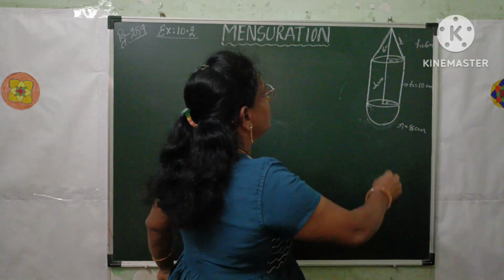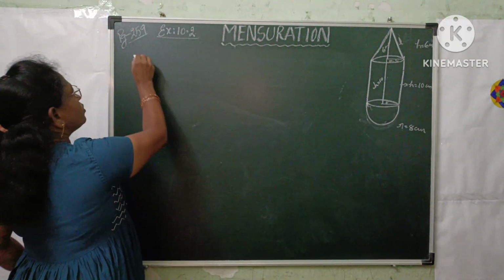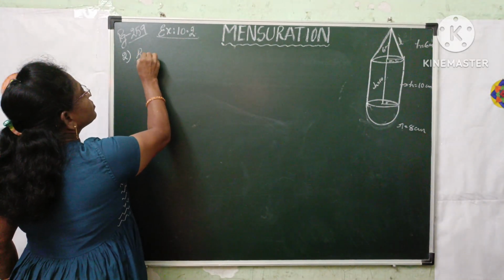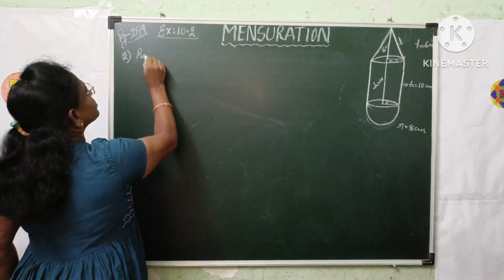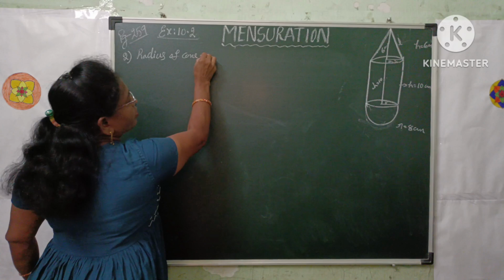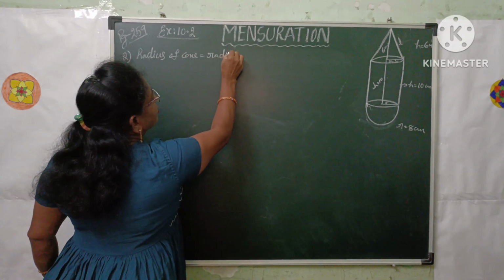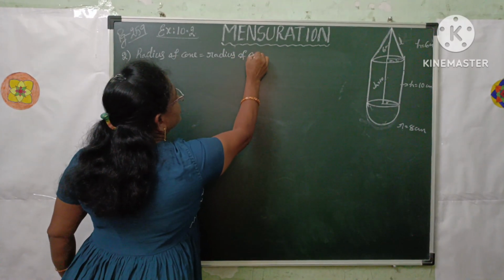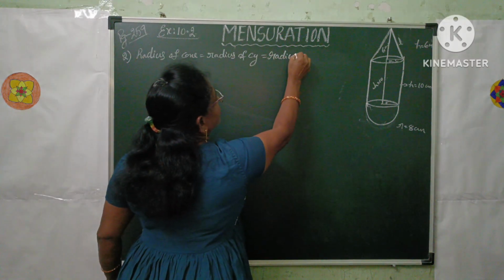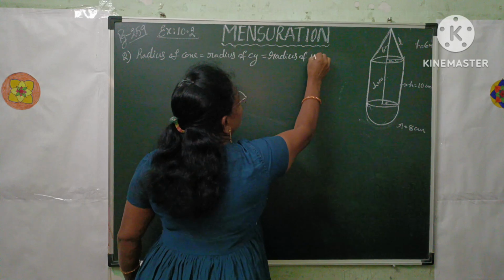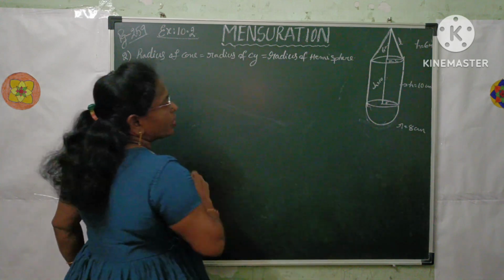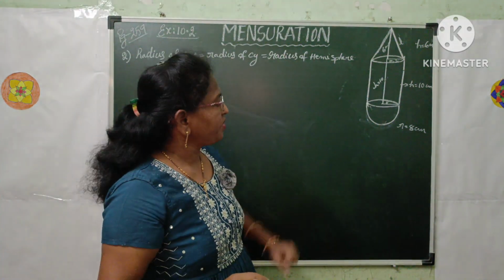Radius of cone equal to radius of cylinder equal to radius of hemisphere. So the same radius for the three figures.